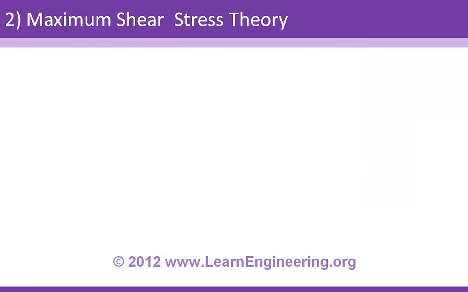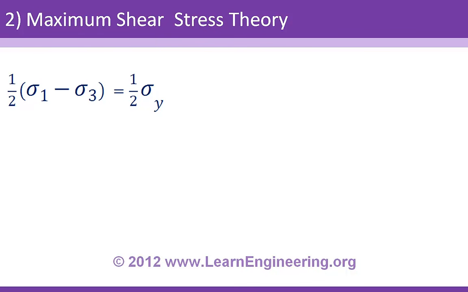Next theory, maximum shear stress theory. As the name suggests, it says that my material will fail when the maximum shear stress induced in my material is the same as the maximum shear stress induced in a simple tension test. And you know the maximum shear stress in the actual system is half of sigma 1 minus sigma 3, and the maximum shear stress in the simple tension test is half of yield stress.